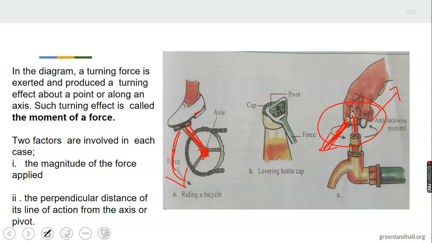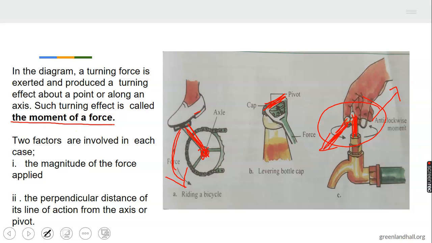Now, in the diagram, a turning force is exerted and produces a turning effect about a point, or along an axis. Such turning effect is called the moment of a force.